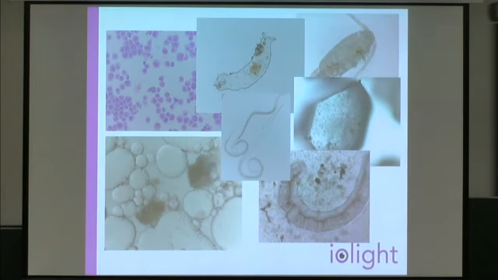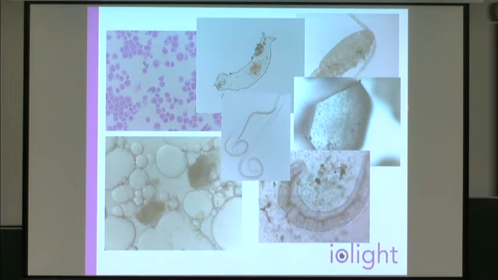So these are some of the pictures you can get from that microscope. These are raw pictures, they're not processed in any way, just straight off the microscope. So there's some breast cancer cells there, that's a little parasite from a fish. Plenty of applications in fish farming. Environmental science, that's a parasite in some fresh water.